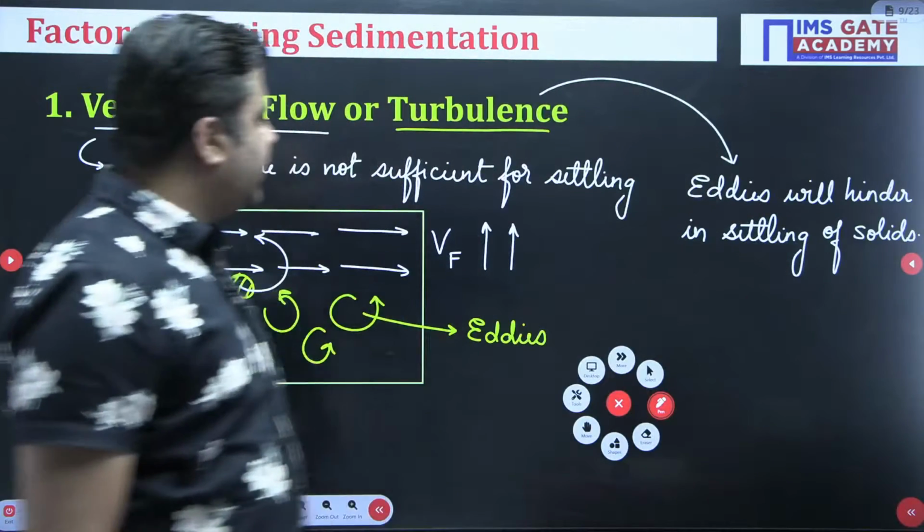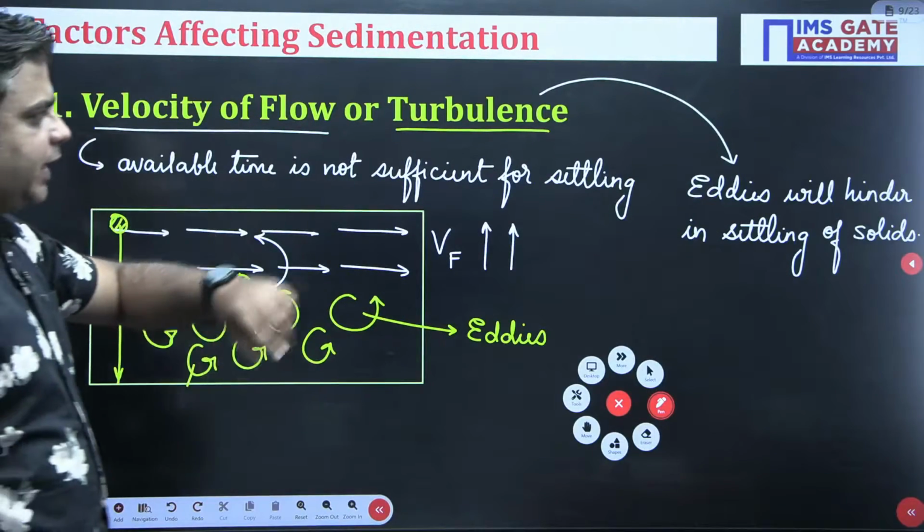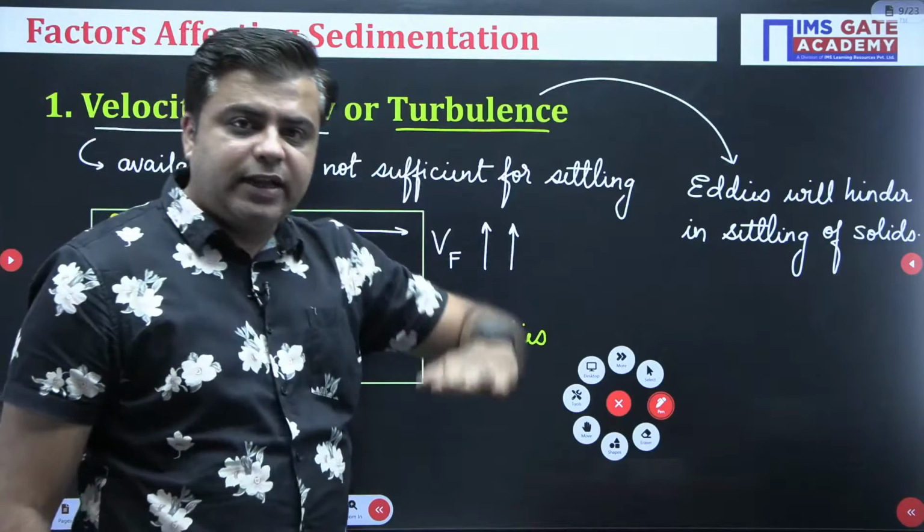So in either of the cases, if the velocity of flow is high or turbulence is more, the settling of the solids will be less.